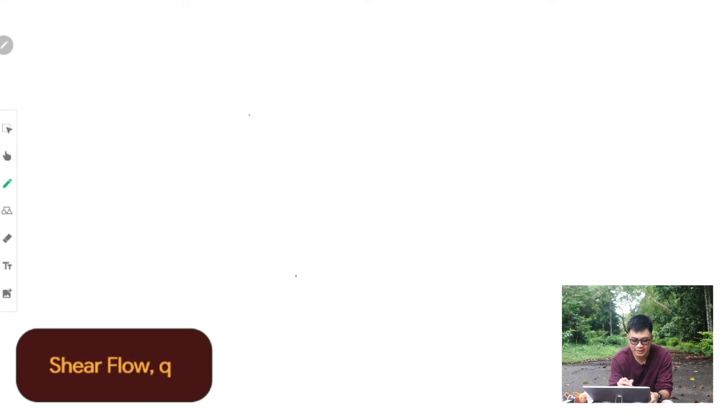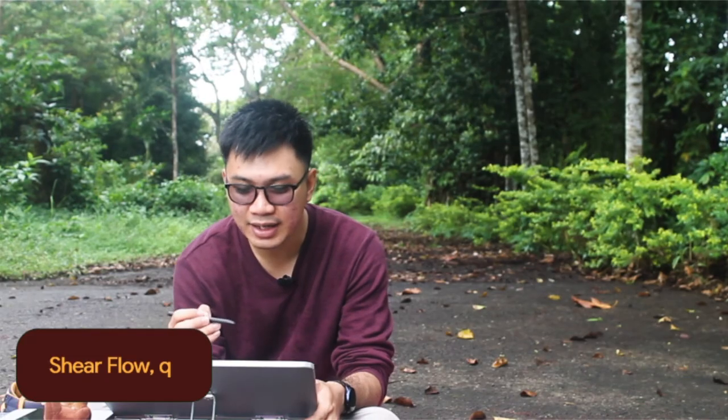And take note that your shear flow is denoted by the letter q. Okay? So small letter q is our shear flow. Our big letter Q is our first moment of area.